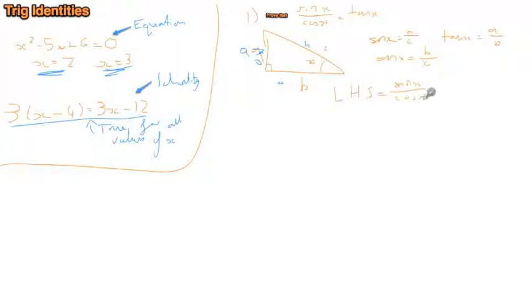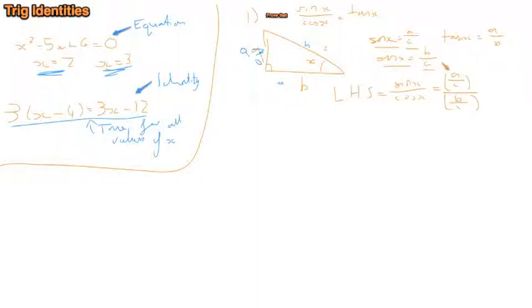And sin x over cos x equals A over C over B over C. We're just substituting these two in.